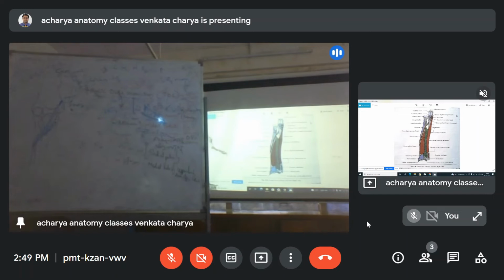These four tendons also pass beneath the flexor retinaculum and enter into the palmar surface of the hand.